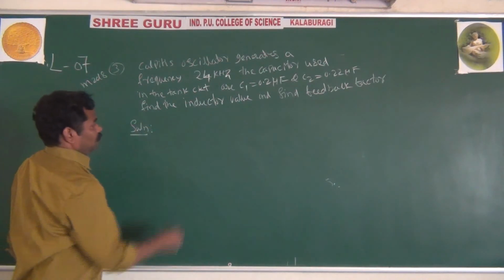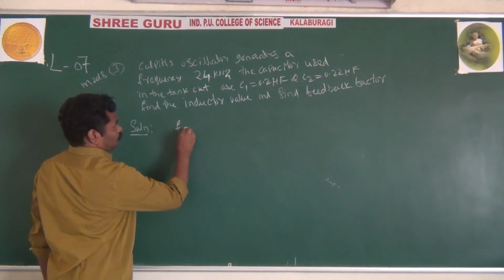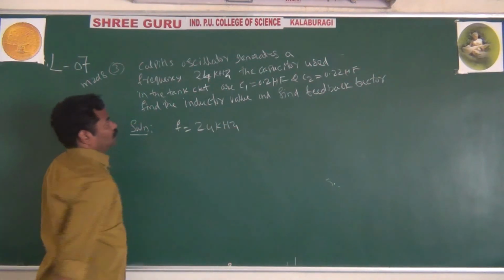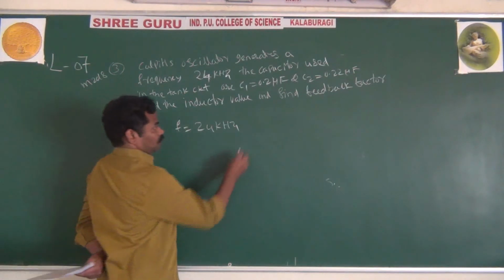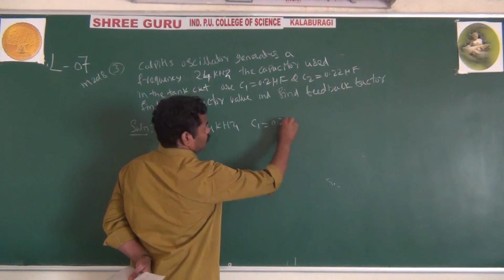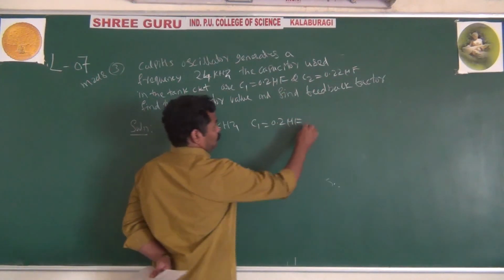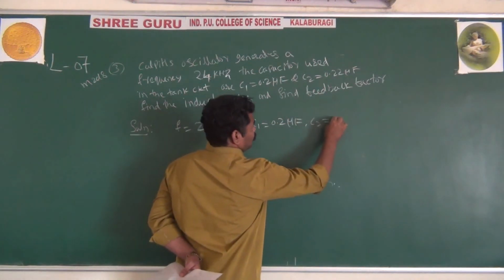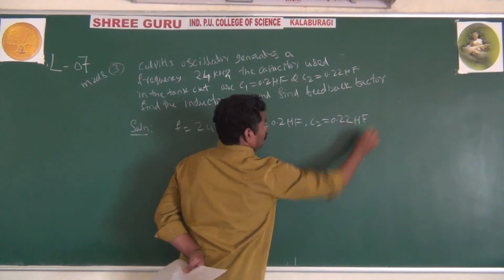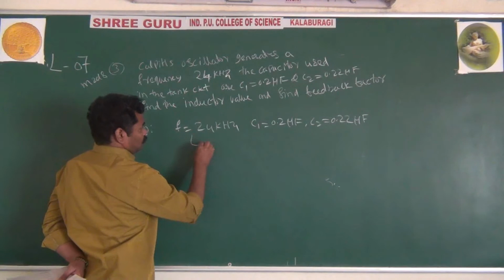They have given the frequency. They have given f is equal to 24 kilohertz. Also they are given C1 equal to 0.2 microfarad, and also they are given C2, that is 0.22 microfarad, and you have to calculate L is how much.